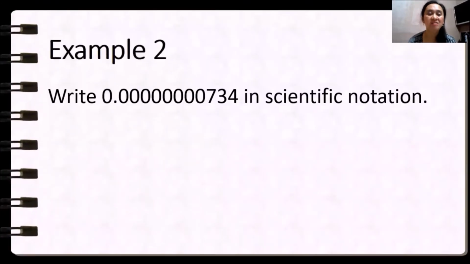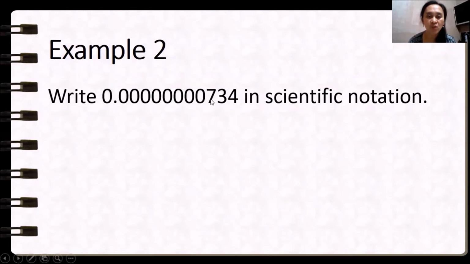Example number 2, the given is the decimal form. In decimal form, change to scientific notation. So, understood, pag decimal form, ang exponent naman ng 10 natin ay negative at ang pagka-count natin para sa exponent ay going to the right. We will start from 7 hanggang dito.